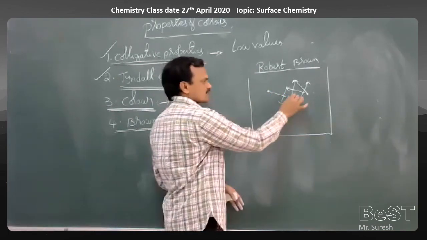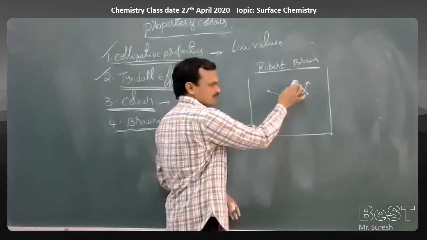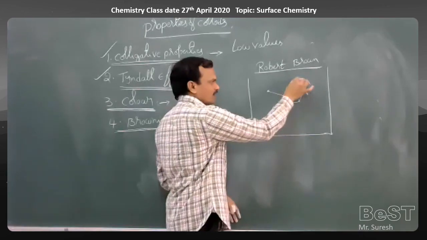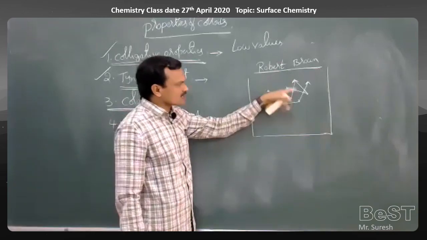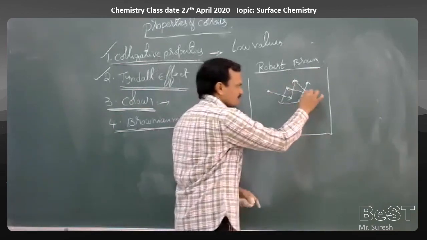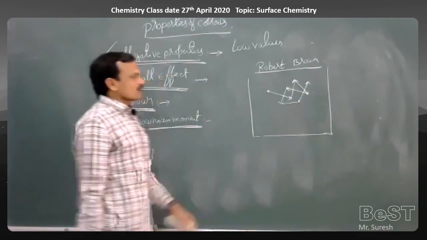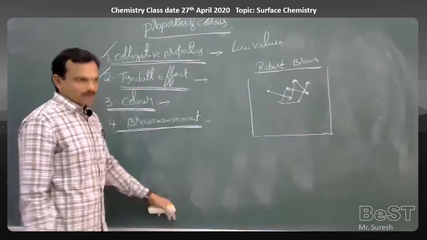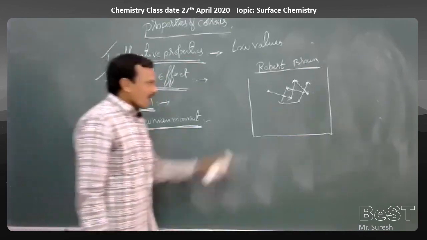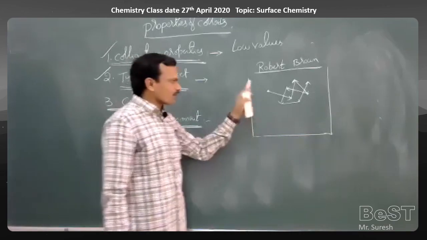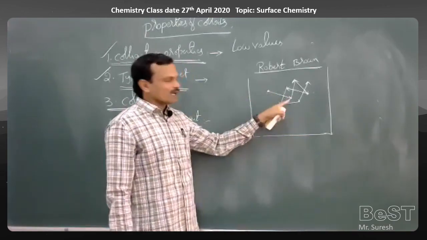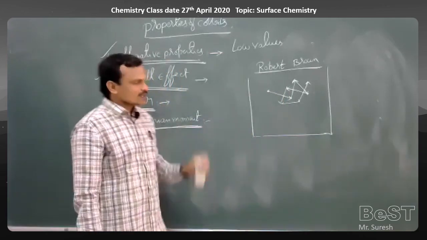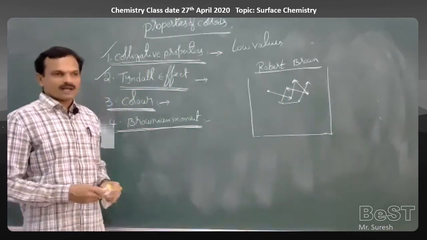Now here the direction changes like this. Again after moving some distance, it can collide with a dispersion medium molecule, and again its kinetic energy and direction change. This is called unbalanced bombardment. Due to the unbalanced bombardment of colloidal particles with the dispersion medium molecules, the colloidal particles move randomly with different velocities in different directions.